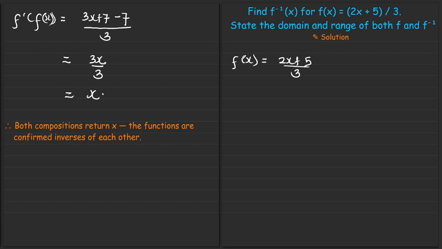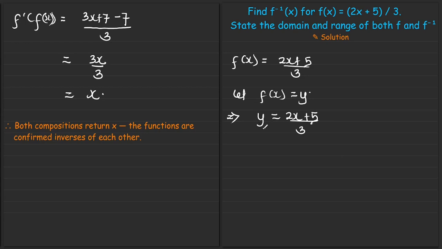So we need to let this be what? y. So let f of x be equal to y, and that is to say, y is then equal to 2x plus 5 all over what? 3.